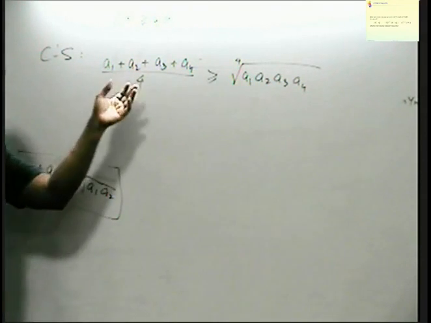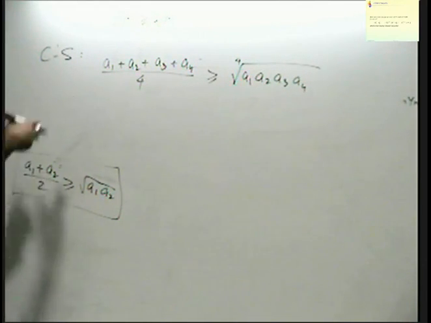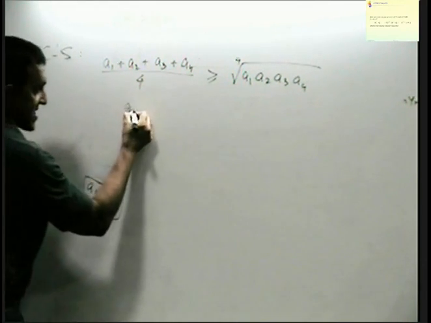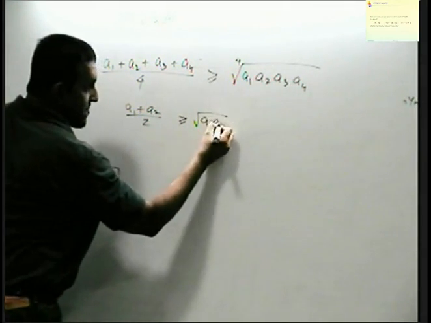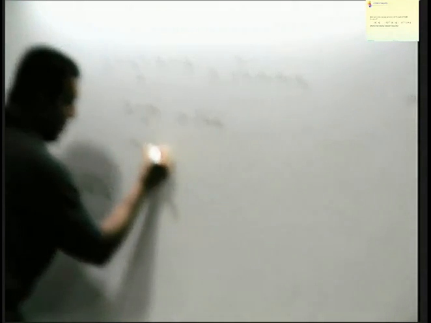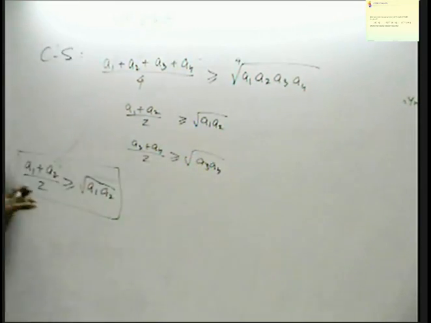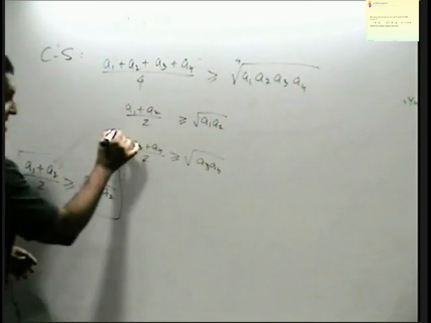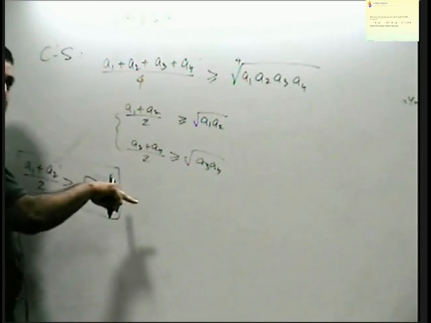Cauchy says 4 is a multiple of 2, is twice 2. So divide and conquer. Let me see if I can use this fact to prove that. So what he does is (A1 plus A2) by 2 is greater than or equal to square root of A1 A2, and (A3 plus A4) by 2 is greater than or equal to square root of A3 A4. Fine? And now he takes these 2 quantities and takes the arithmetic mean of those 2.